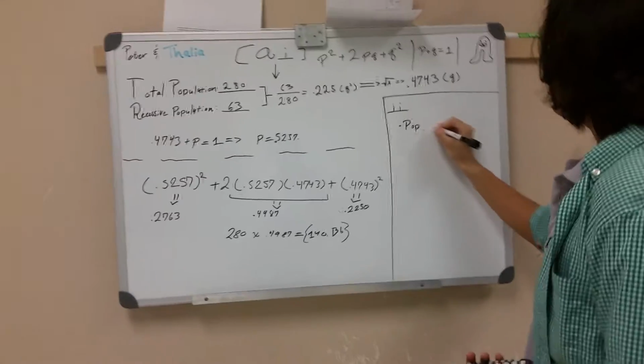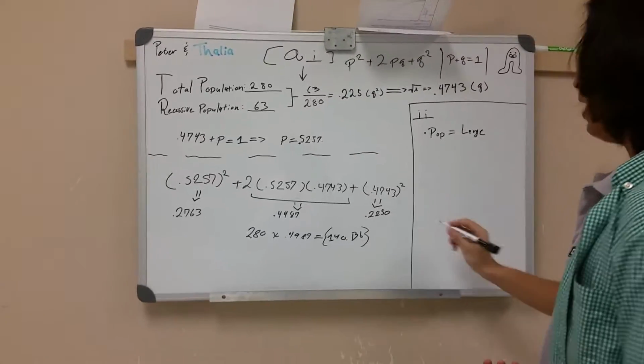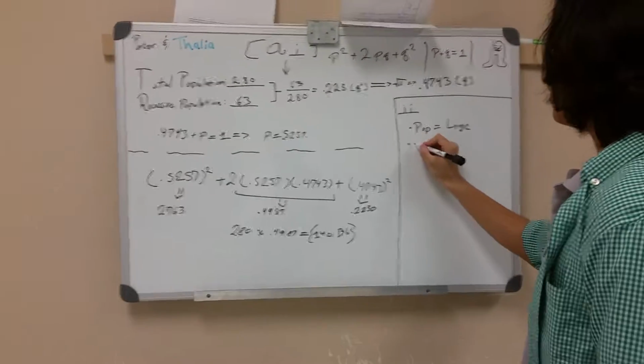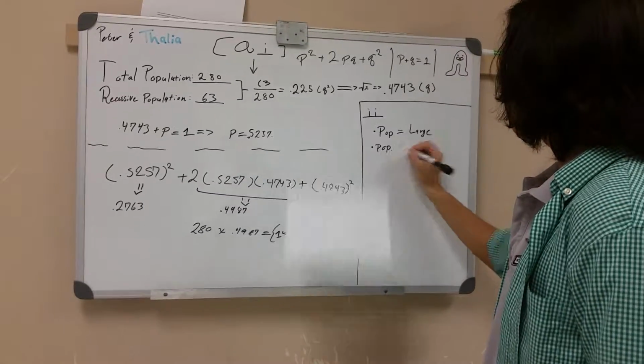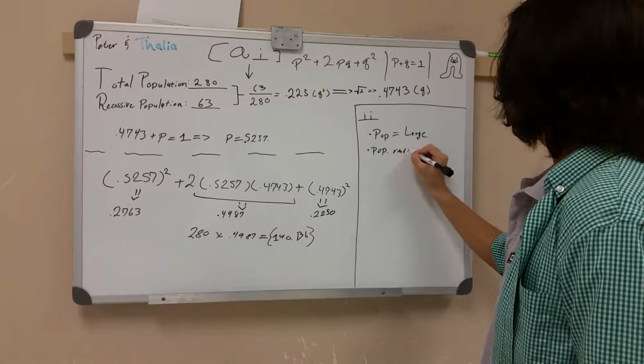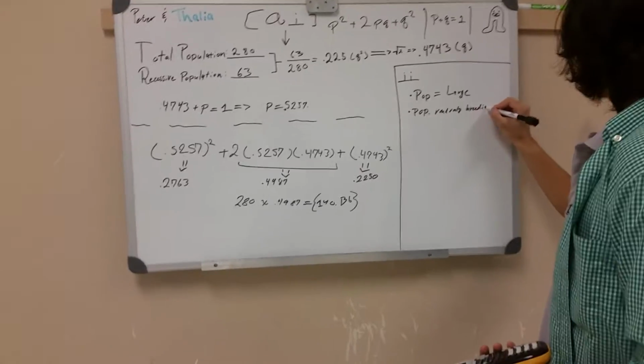That's the expected number of flower beetles that will have the heterozygous genotype. What was it? White-eyed. No, this is homozygous recessive. Sorry, I did a bad thing.